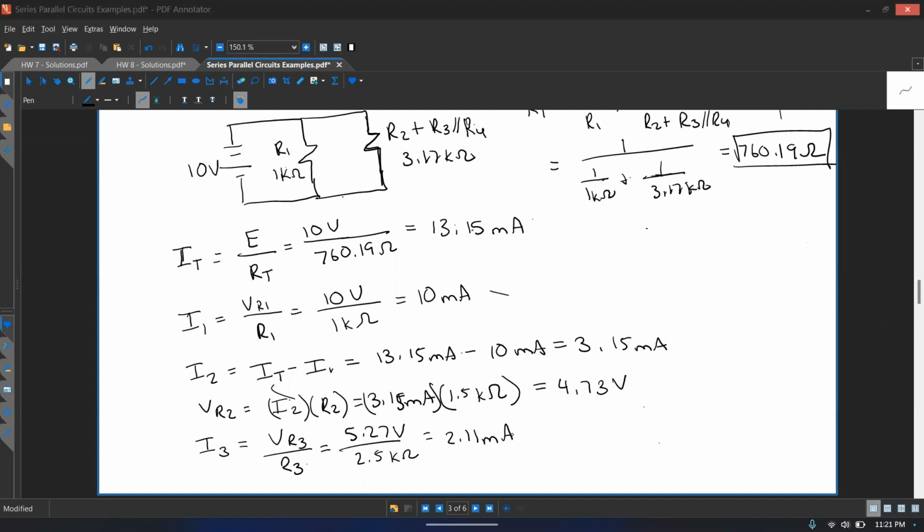And we could use Ohm's law again to solve for I4, but I'm going to use Kirchhoff's current law.